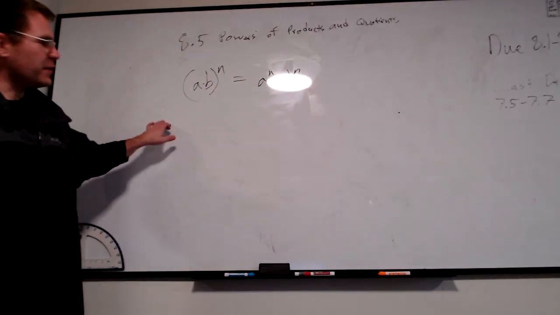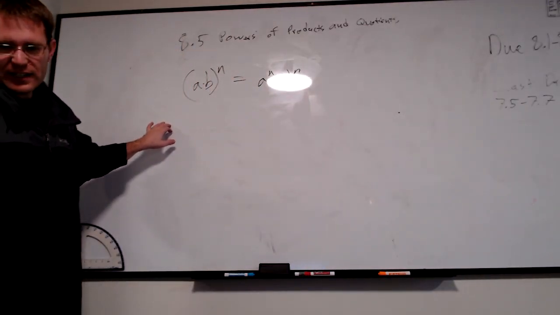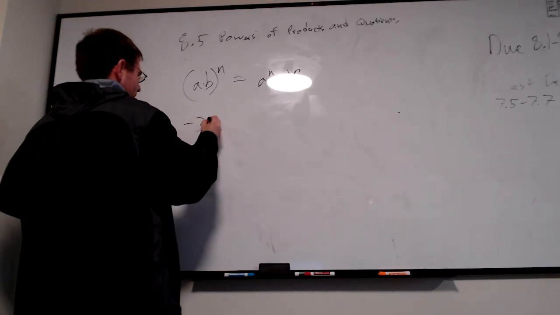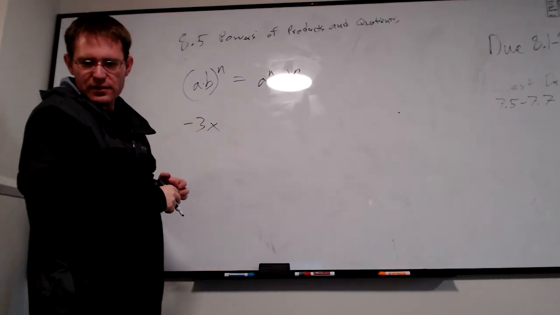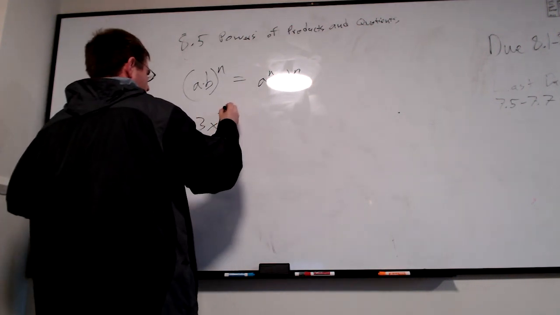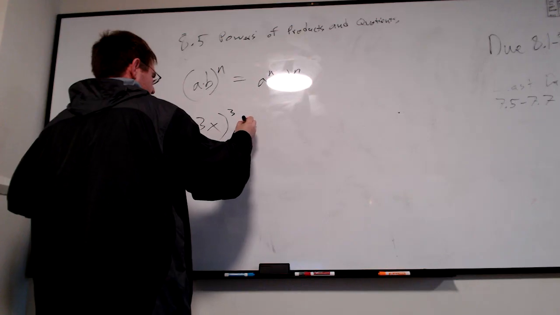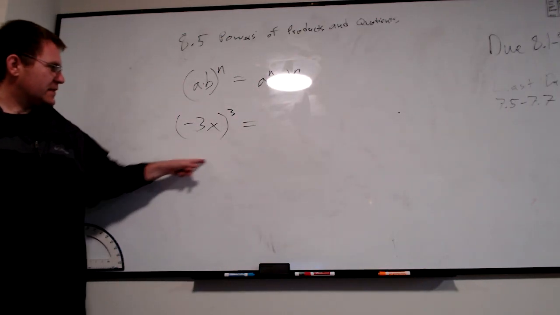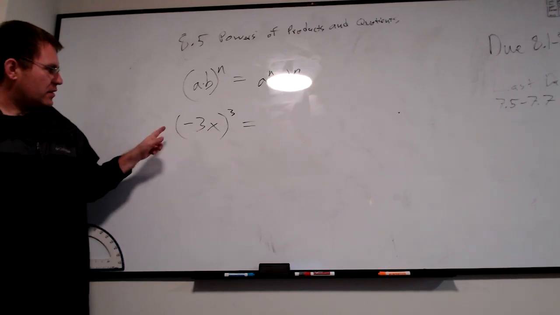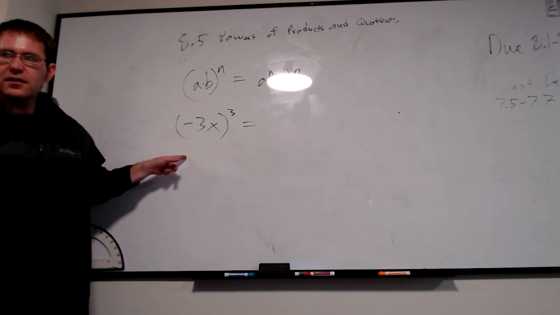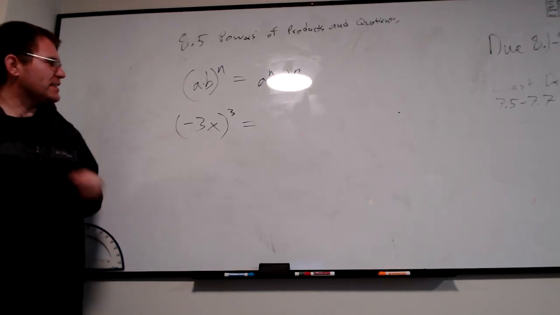Okay, so let's try this with an example. So we've got negative 3x, cubed. How do you think this would work? So what are the two components here?